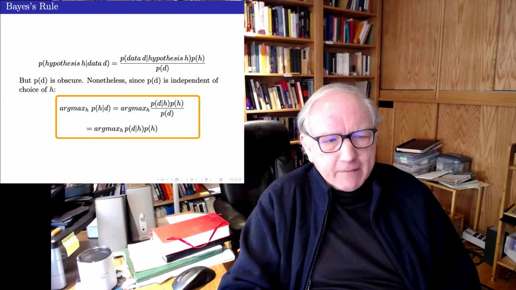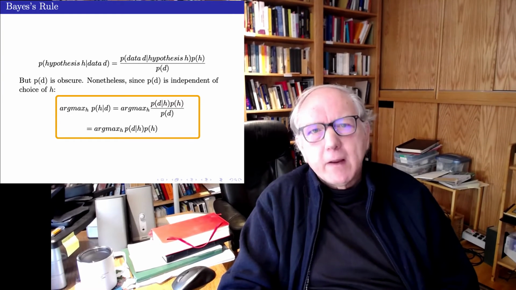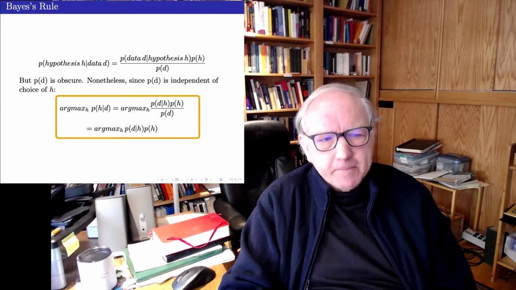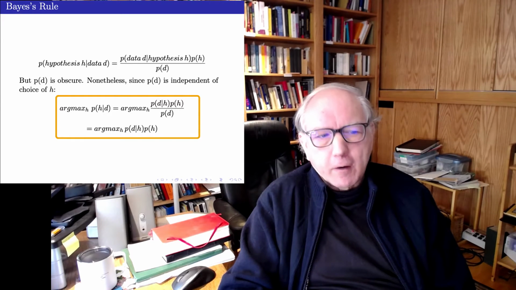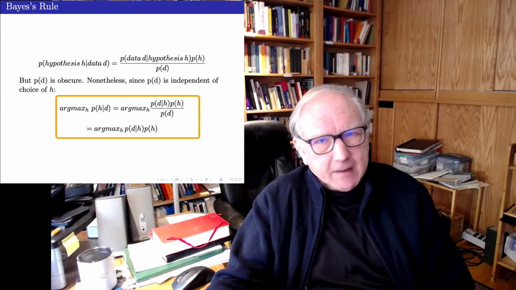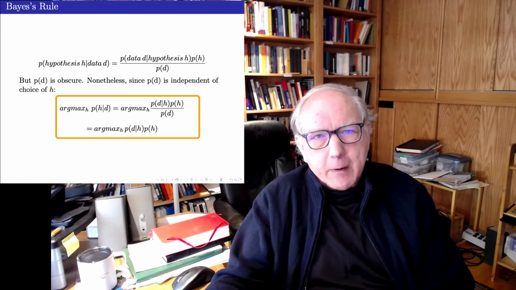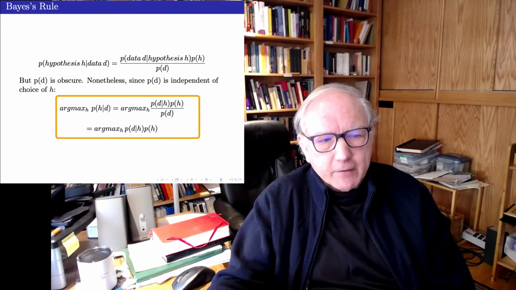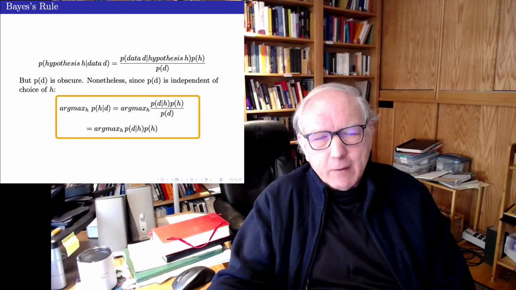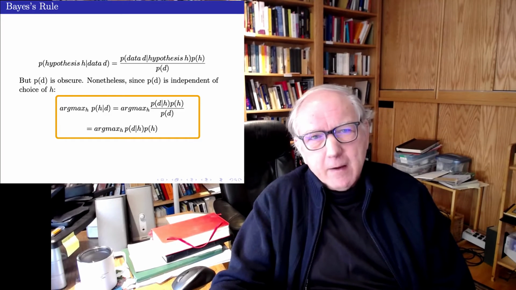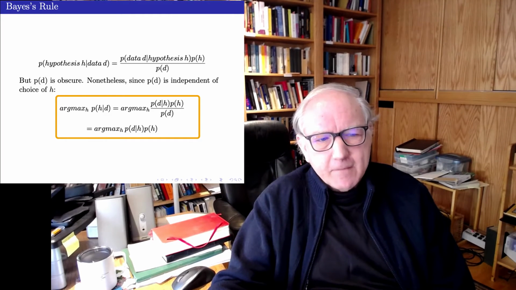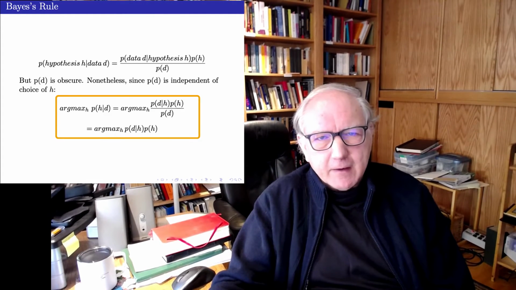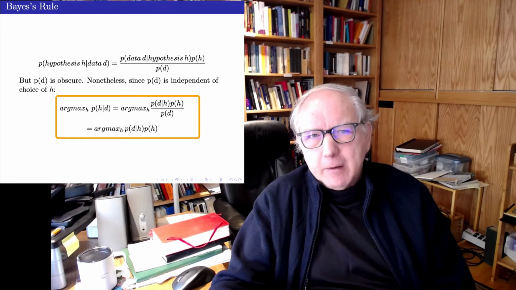Okay, so on the left we have argmax as we iterate over all the hypotheses of the probability of the hypothesis given the data. That's the same thing as argmax over what follows, which is just another way of writing the probability of H given D by Bayes' rule. Now, however, we can modify that. We can throw out the denominator, that problematic probability of the data. Why? Because we don't really know what that means, but it's going to be constant.